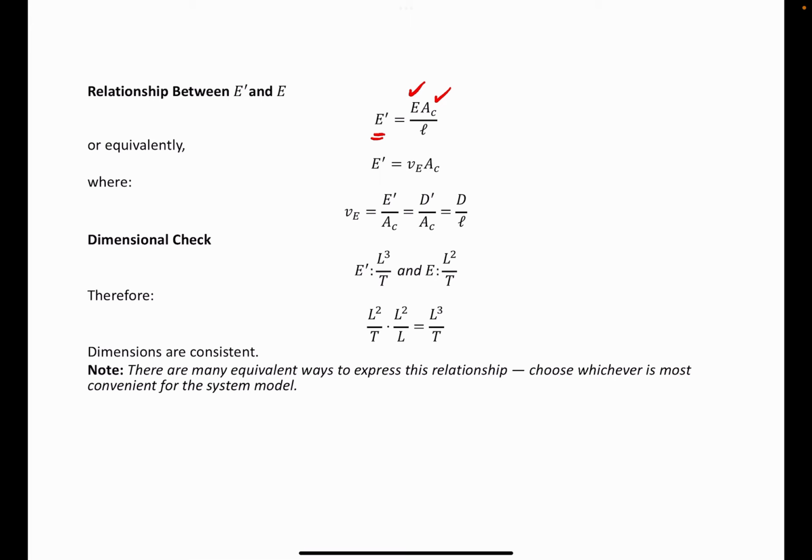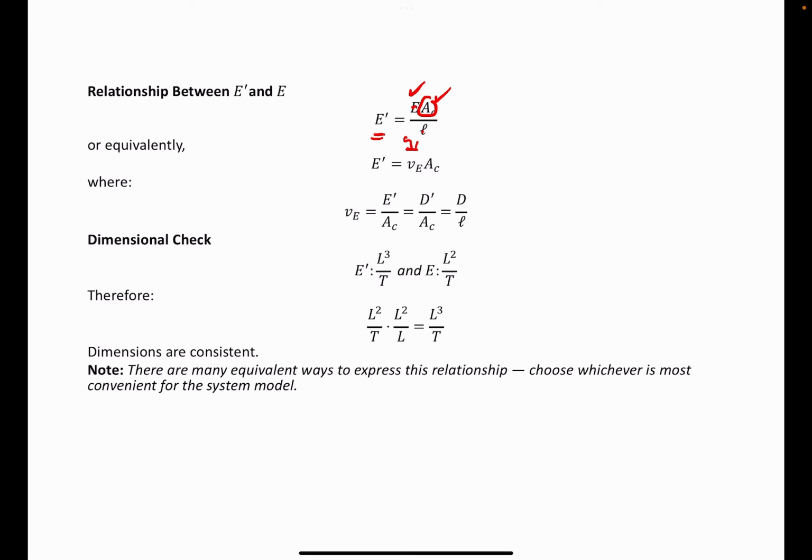And E prime, if you take this one as a common factor, is E over L. E over L is the velocity. Okay, so E over L is the velocity, and that is VE, VE times the area of mixing, area AC.